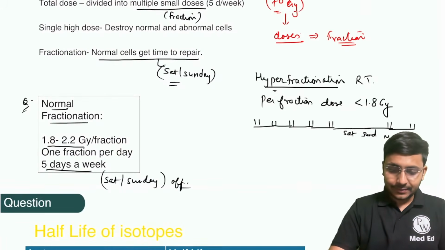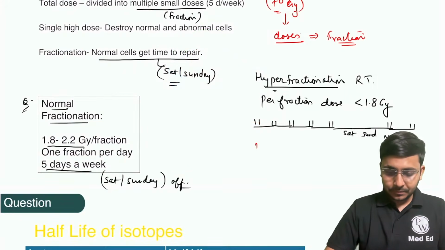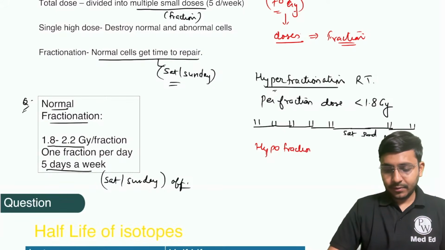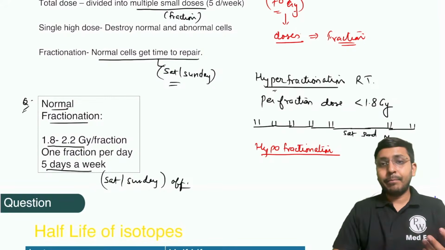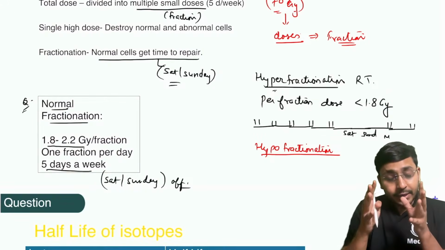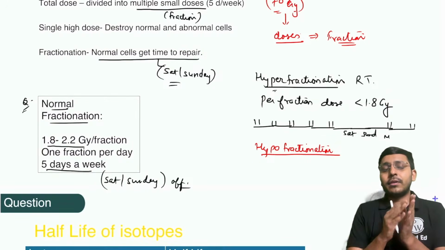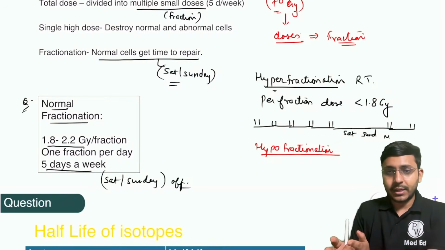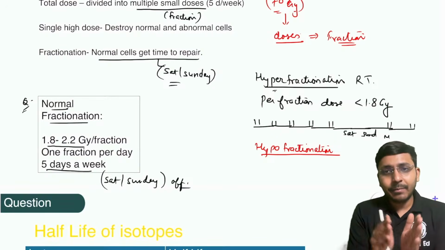Now, similarly, there is something known as hypofractionation, and as the name suggests, hypo meaning that you're reducing the number of total fractions, right? Hypofractionation, आपने total number of doses कम कर दी है.